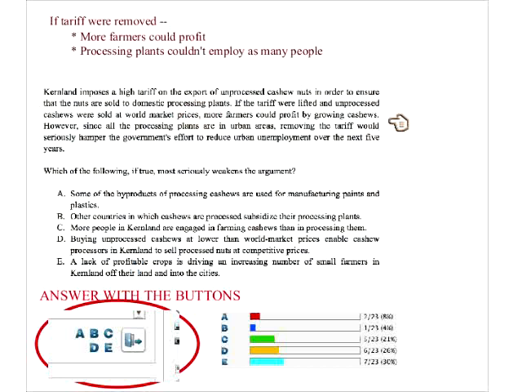Since all the processing plants are in the city, if you take away the tariff, it'll hamper the government's effort to reduce urban unemployment. There's an implicit step in there, which is if you sell unprocessed cashews, then the processing plants will have to lay people off, and therefore unemployment rises.